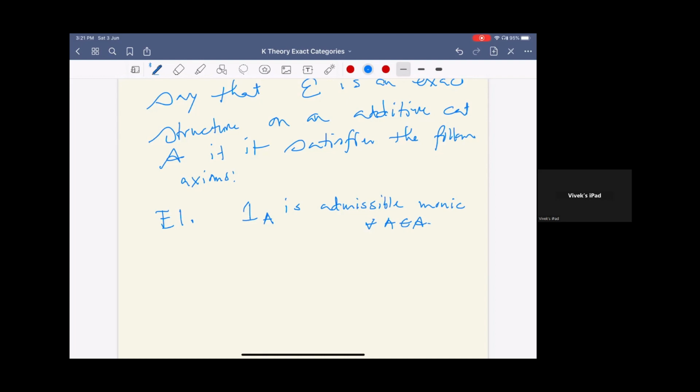Admissible monic means there exists a p such that (identity, p) must be in this class, and that is expected. The identity is always an isomorphism, so it is also part of the short exact sequence, right? And second thing, this is also an admissible epic.